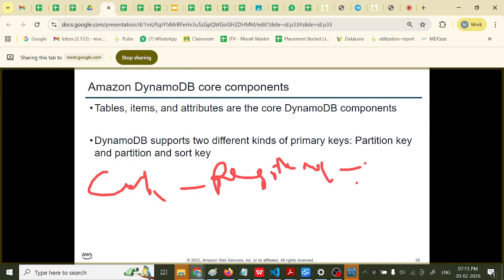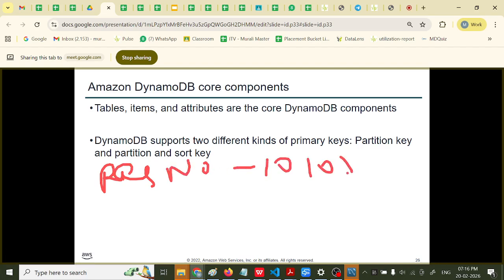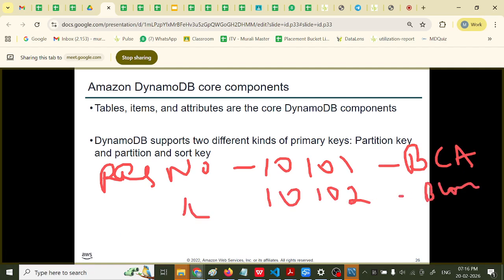The register number is given when you join, correct? For example, your register number will be 100101 and you joined BCA, and one more person joined with 100102 but he joined BCom.